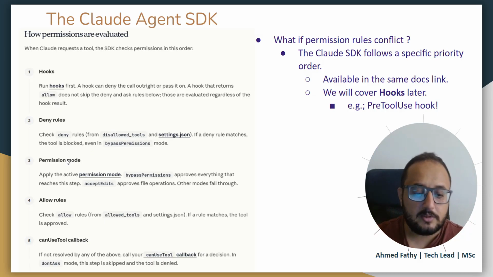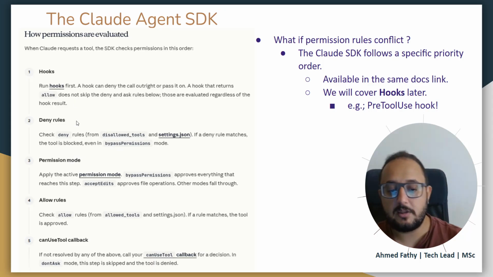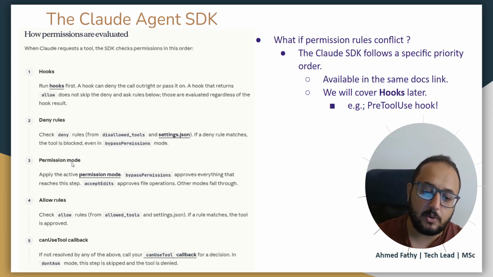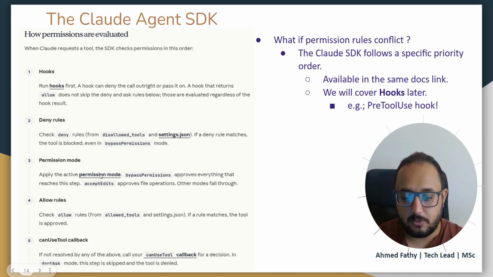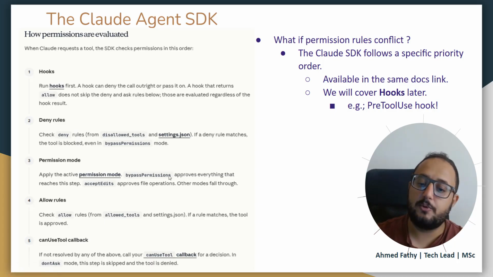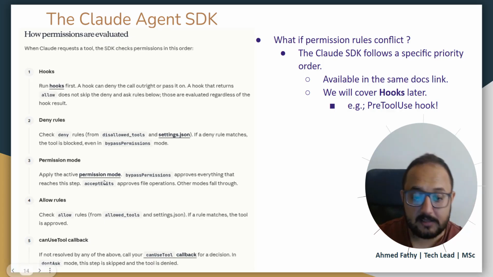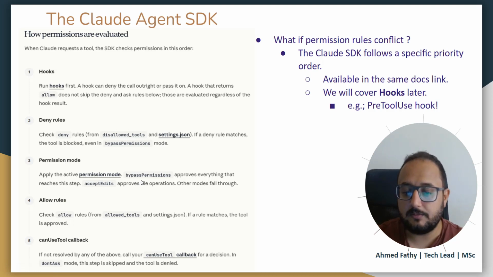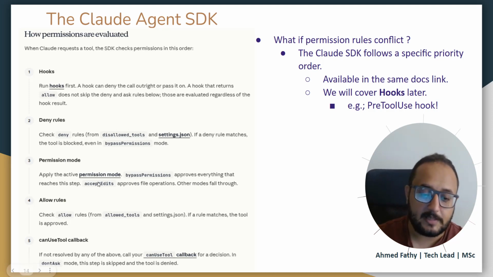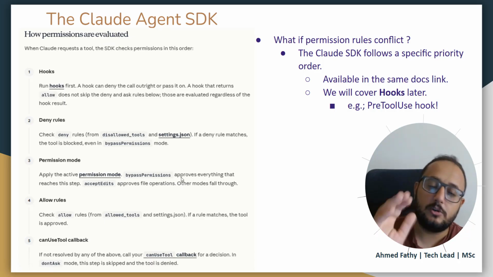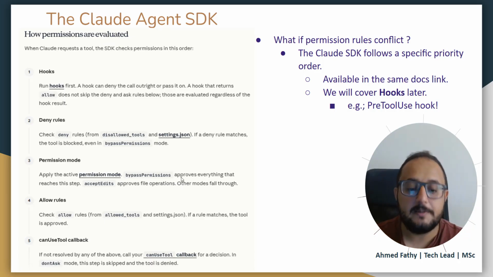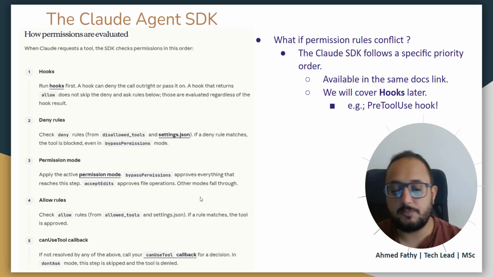Then, if you pass those two, you reach the permission mode. So you apply the active permission mode. Bypass permissions will approve everything now, and it will not even try to check the next two. Accept edits approves file operations, other modes fall through. So if you have accept edits and the actual tool is a file operation, then this gets accepted, but other modes fall through.